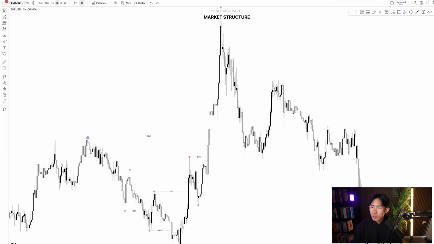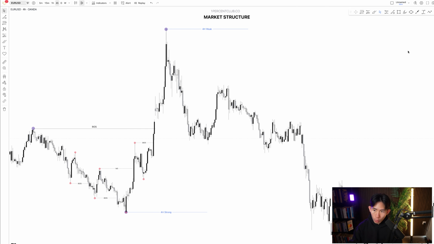All right, so right here, this is where price starts pulling back. Price goes up and then starts pulling back. At this point, I want you to ask yourself: is this move a pullback or a reversal?